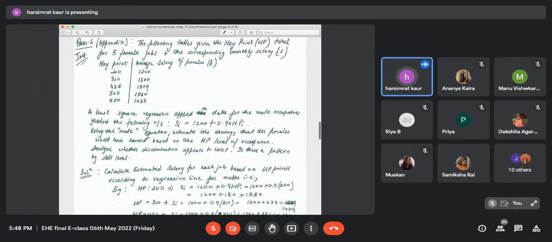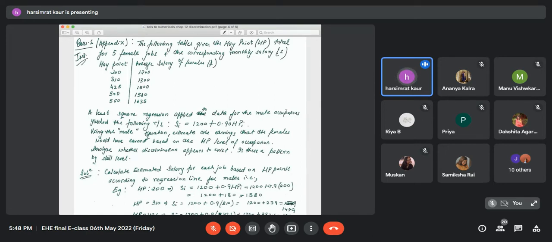So guys, they are actually giving us certain data. They're saying a least squares regression analysis has been done and applied to the data for the male occupations. So they have undertaken a study and found a regression equation for males, basically their earning equation based on their rating point.